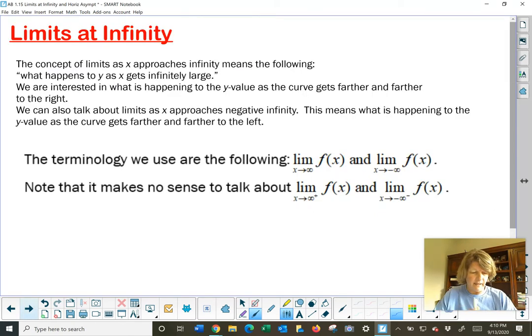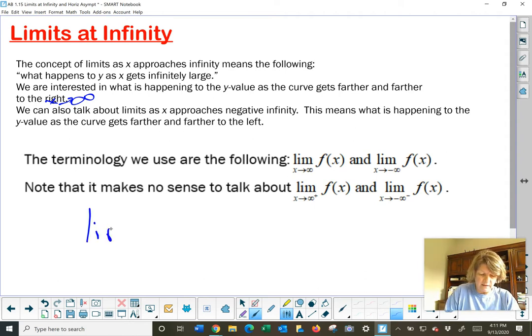Limits at infinity. The concept of limits as x approaches infinity means the following. What happens to y as x gets infinitely large? We're interested in what's happening to the y value as the curve gets farther and farther and farther to the right. In other words, we are saying, as x tends to infinity.